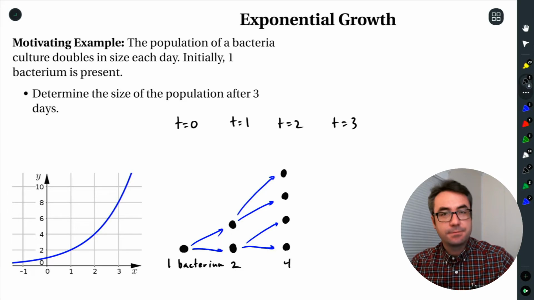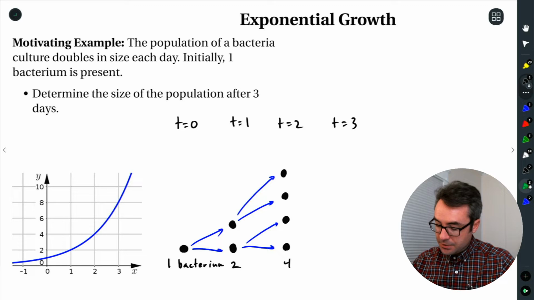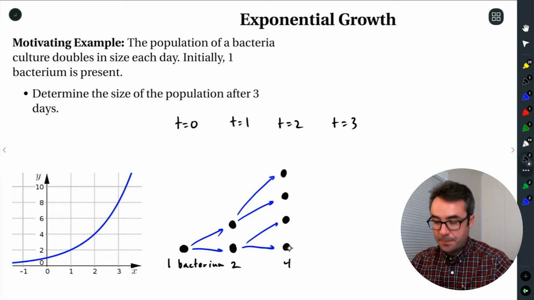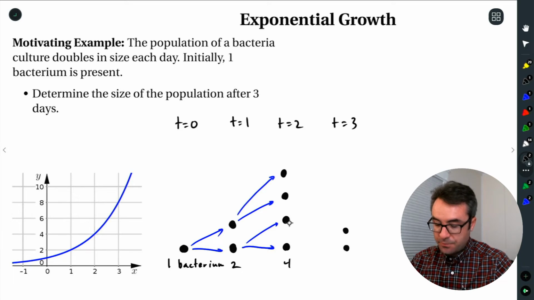We started with 1, after 1 day we had 2, and now we have 4, and then we're going to let 1 more day go by. So we'll be on day 3. And what's going to happen is each of these 4 bacteria is going to split. And so for each of these, we're going to end up with 2 more. So how is this going to look? Well, from this first one down here, we're going to have 2. From this one right here, we're going to have 2.